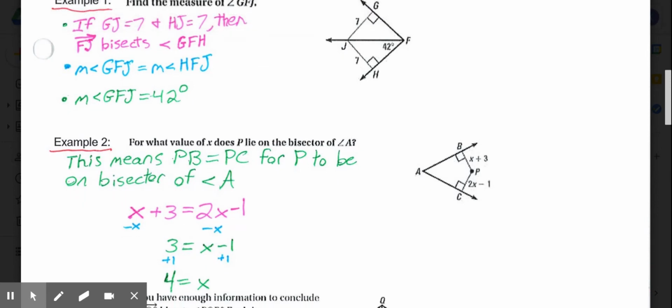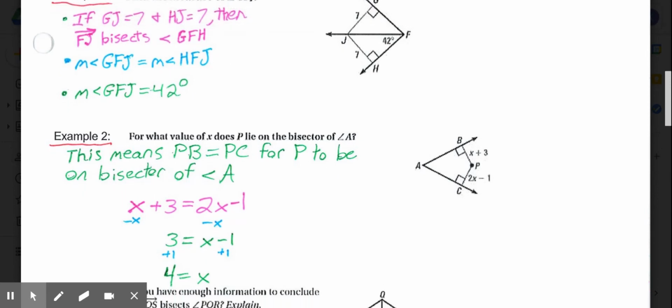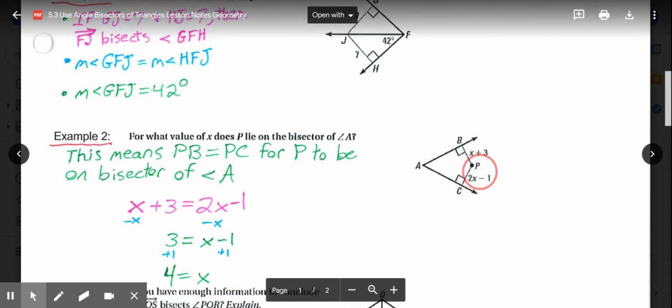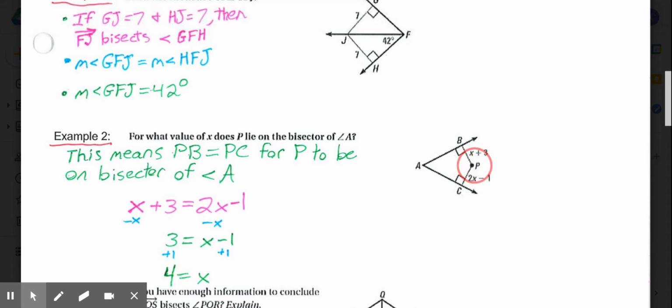Example 2. For what value of x does P lie on the bisector of angle A? So what value of x would mean point P would be on a bisector of angle BAC? So that means the distance PB must be equal to PC. So in other words, x plus 3 must equal 2x minus 1 for P to be on the bisector.